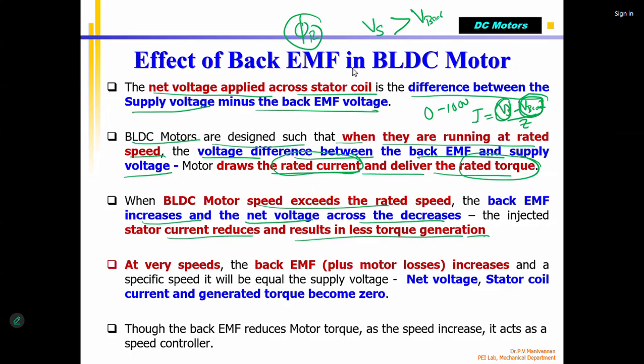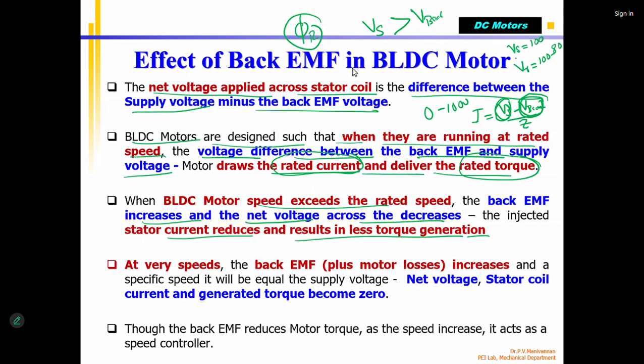Many times, as I told, up to rated speed, the resultant voltage varies from, for example, 100 volts to maybe 80 volts. Correct? The supply voltage V supply equals 100 volts.